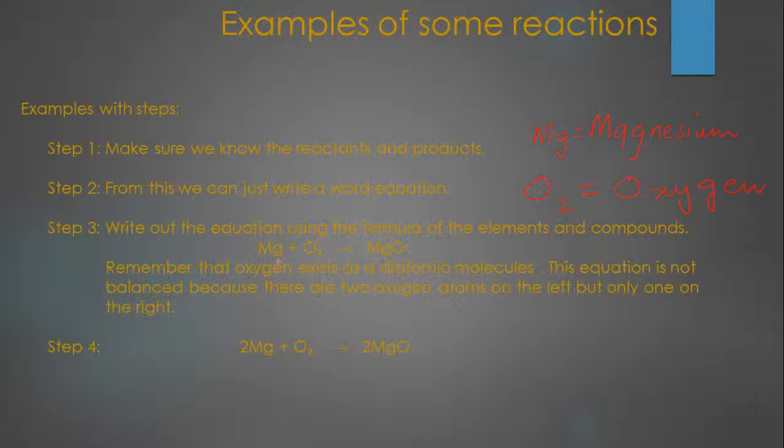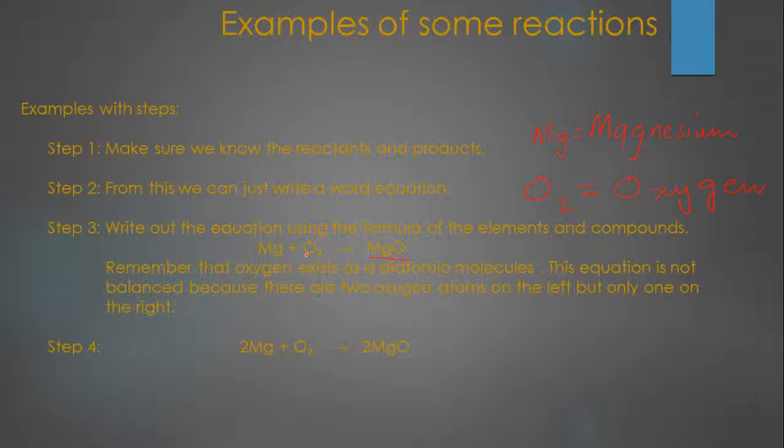Now MgO is formed from Mg and O2. But remember one thing: O, oxygen, always exists as a diatomic molecule, and you can see this equation is not balanced.